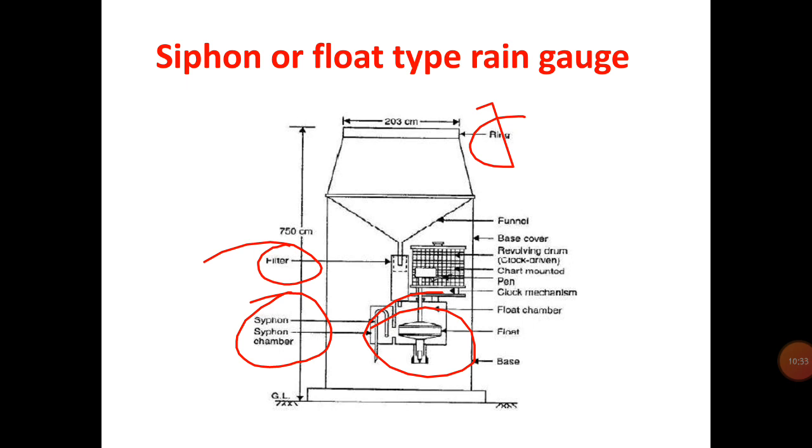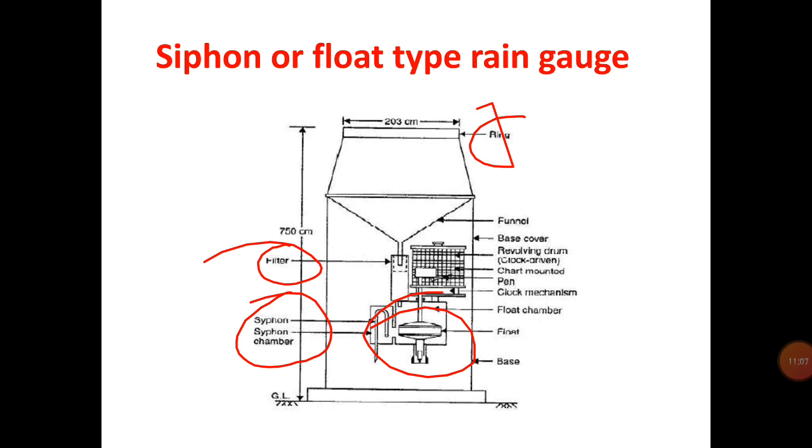A receiver and funnel arrangement drain the rainfall into a container, in which a float mechanism is provided at the bottom. As water accumulates, the float rises. A pen arm attached to the float mechanism continuously records the rainfall on a clock-driven chart and also produces a mass curve of rainfall.